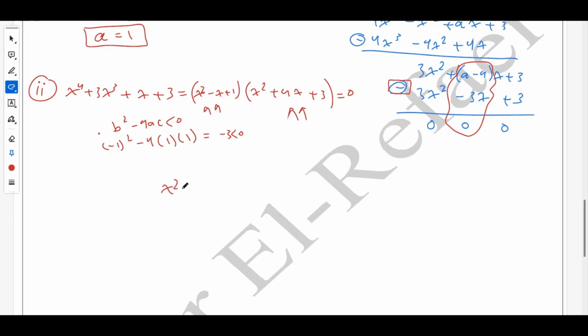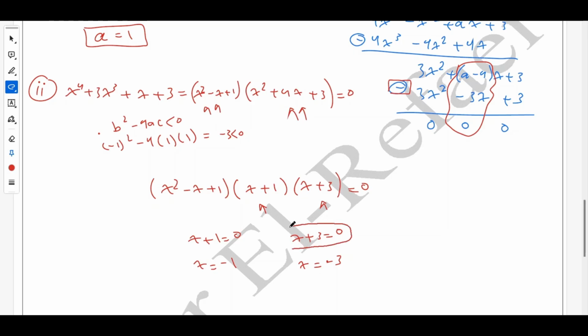So x squared minus x plus 1, and x squared plus 4x plus 3 is x plus 1 by x plus 3. So this will make the function equal to 0, or this will make the function equal to 0. So x plus 1 equals 0, x equals negative 1; x plus 3 equals 0, so x equals negative 3.